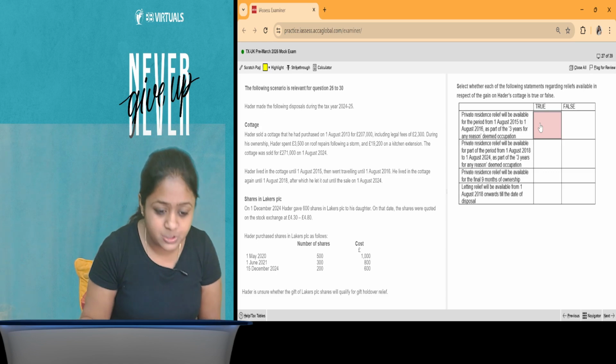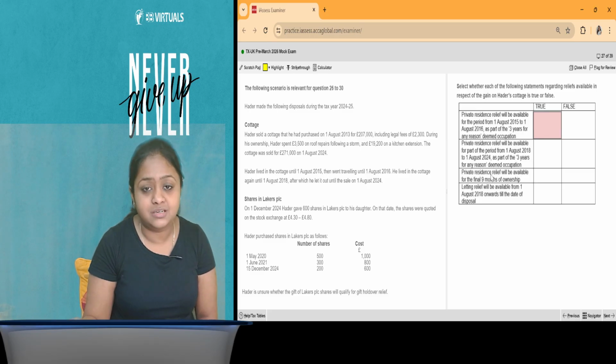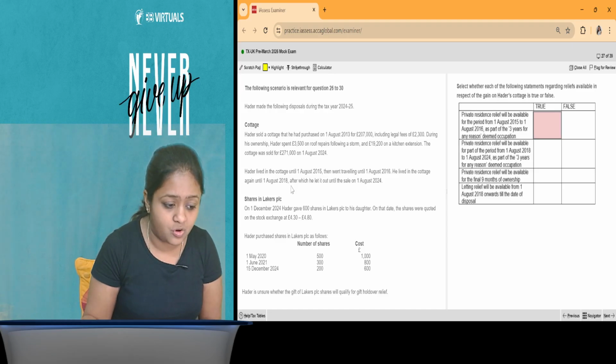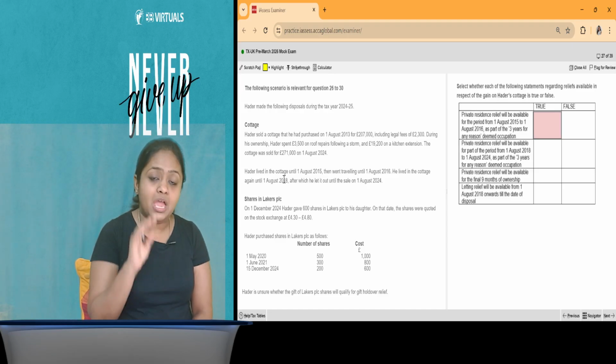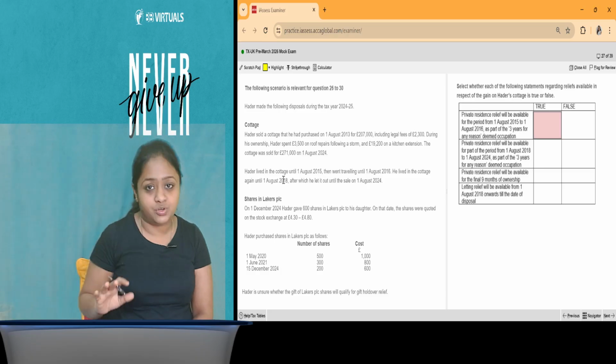Good. Next one. PRR will be available for the part of the period from August 18 to August 24 as part of the 3 years, any other reason deemed occupation also. So again, there has been actual occupation till August 18. If I want to claim for a period beyond 18, then again I need one more actual occupation.